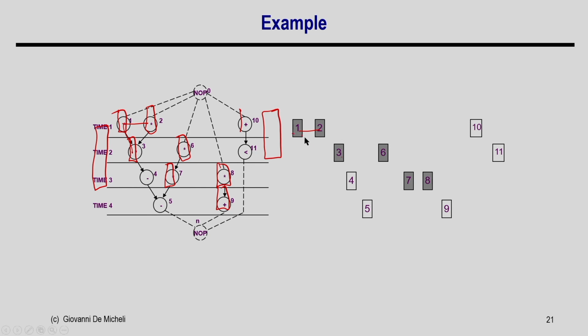So, their intervals are not overlapping. 3 and 6 are overlapping, 7 and 8 are overlapping. So, these are the only 3 overlaps and there are no other overlaps. The shaded nodes are for the multiplier and the others are for ALU operations. Let us keep that aside, because 4, 5, 9, 10 are for ALU operations and I will consider them separately. So, this is my interval graph.